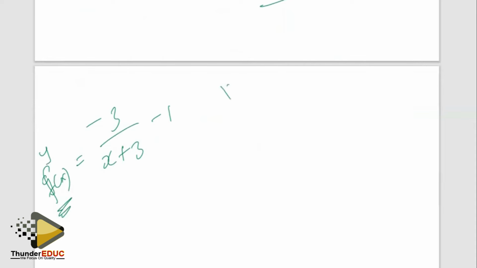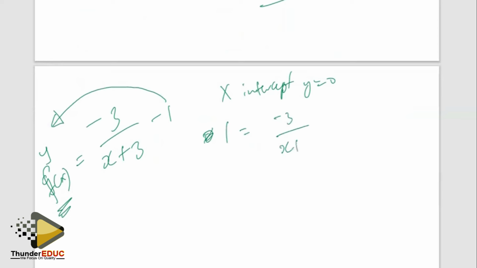For the x-intercept, y must be 0. So 0 is equal to that whole thing, and let's move the 1 first. So 1 is equal to negative 3 over x plus 3. Then cross multiply. So x plus 3 is equal to negative 3. When you move the 3 that side, x becomes negative 6.